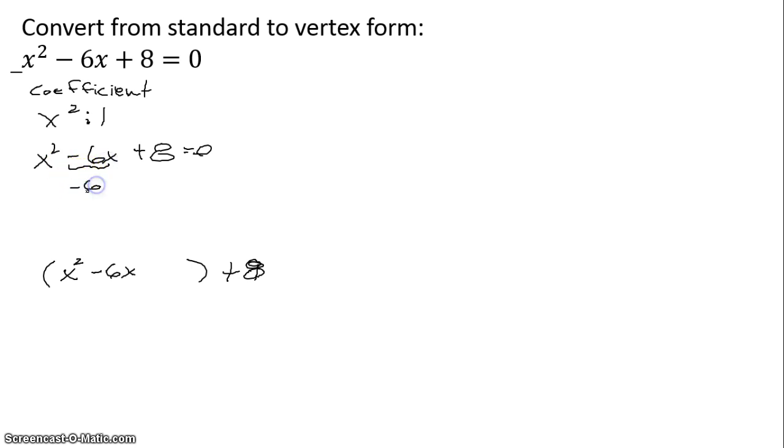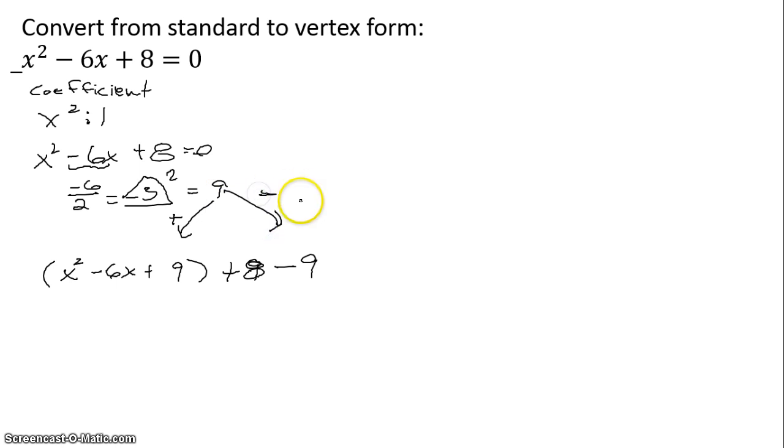So I have negative 6 divided by 2 equals negative 3. Now put a triangle around that because we're going to come right back to that. Square that, and that equals 9. Now this 9 we're going to add here, so this will be our plus side, plus 9 here. And we're going to subtract 9 here.